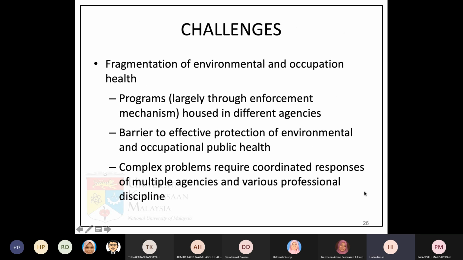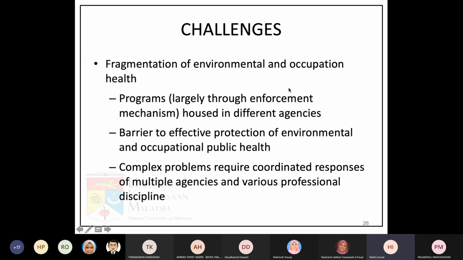In terms of challenges being faced in implementation of environmental and occupational health, satu bawa environmental kan, satu bawa DOS. Kadang dia orang ni berdua ni tak bercakap satu sama lain, dia different organisation altogether.